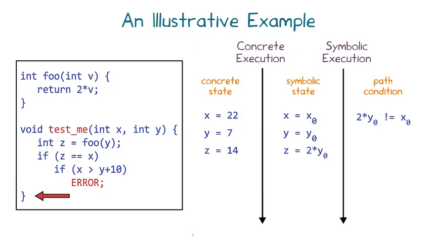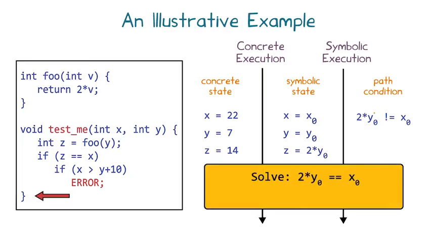Now, DSE will backtrack to this branch point and attempt to take the true branch. For this purpose, it negates the most recently added constraint in the path condition, which is 2 times y0 not equals x0, to 2 times y0 equals x0. It asks a solver to find a satisfying assignment to the constraint 2 times y0 equals x0.